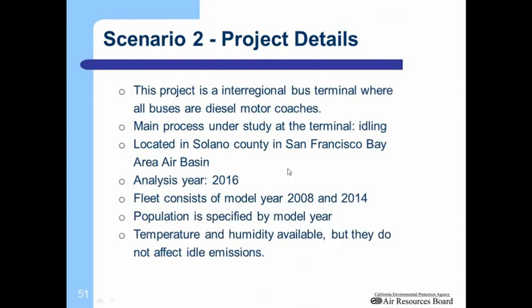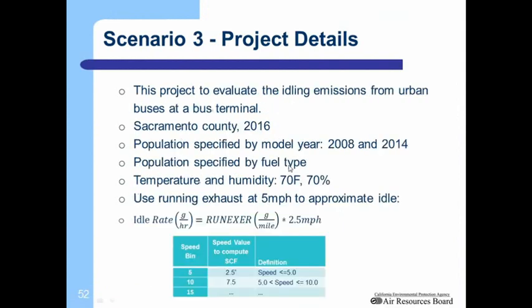Next example is also a bus terminal, but this time it's urban bus. As I mentioned earlier, what makes an urban bus different from the motor coach is that in fact, urban bus is modeled more like a passenger car in that it does not have a separate idle process.